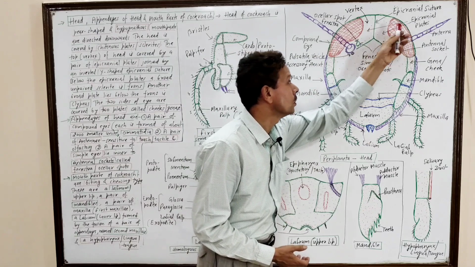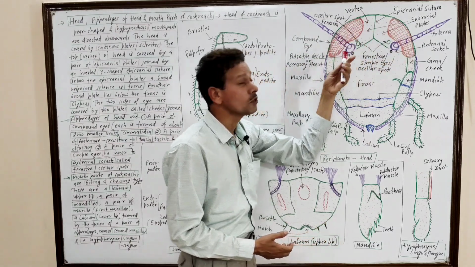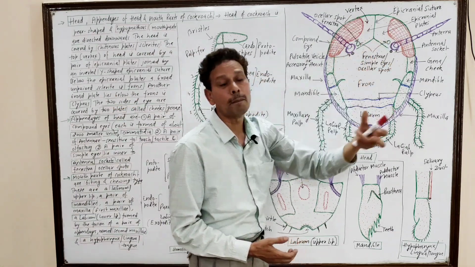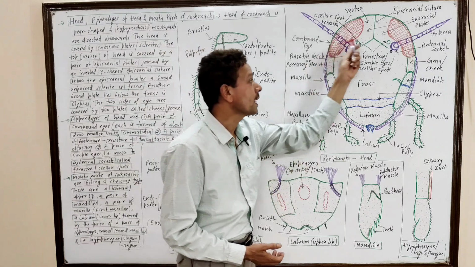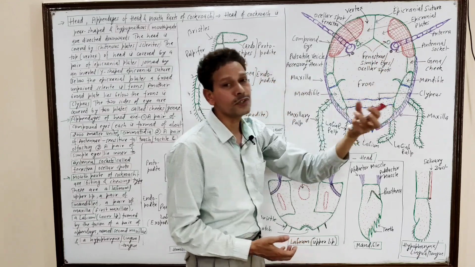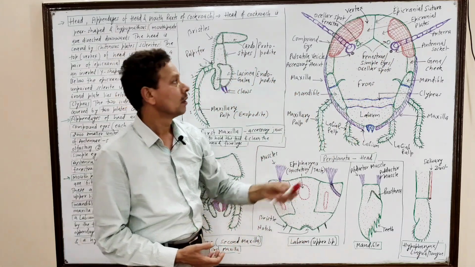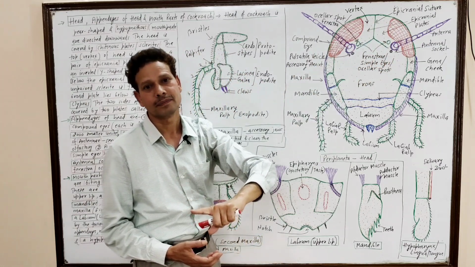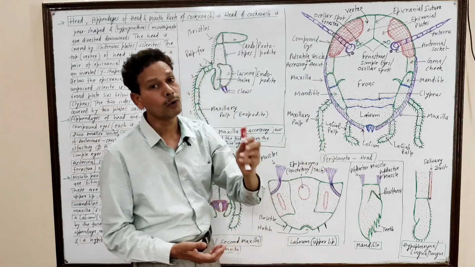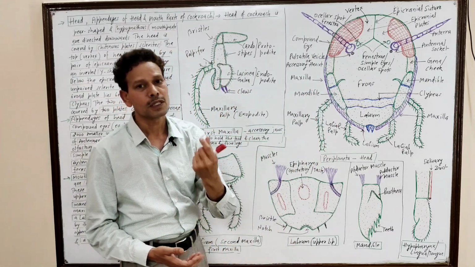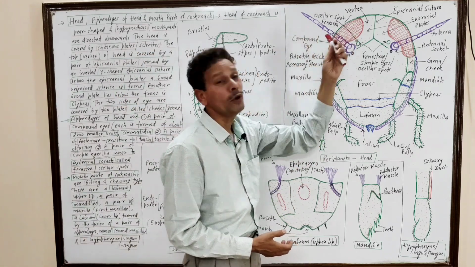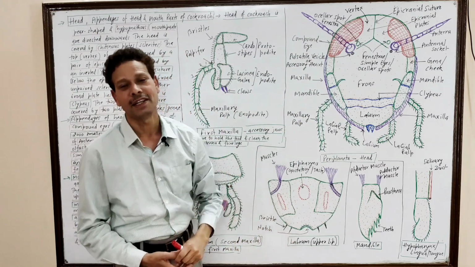In case of cockroach, on both sides of the head, there is a pair of large, almost kidney-shaped compound eyes, and each compound eye consists of about 2000 smaller units, named ommatidia.